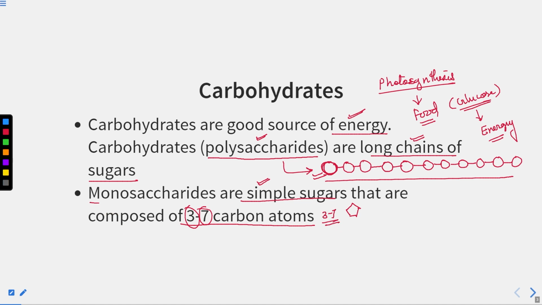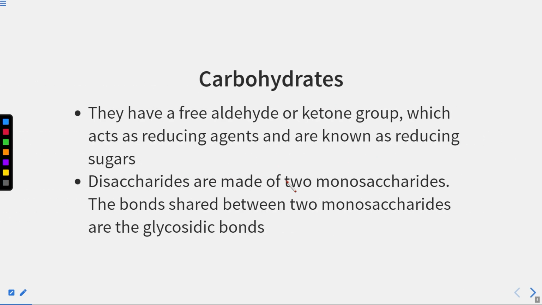So the monosaccharides are the monomers, and they are made up of different numbers of carbon. Sometimes it is 3, sometimes 4, 5, 6 or 7, and they are considered simple sugars. We will see the characteristics of these.